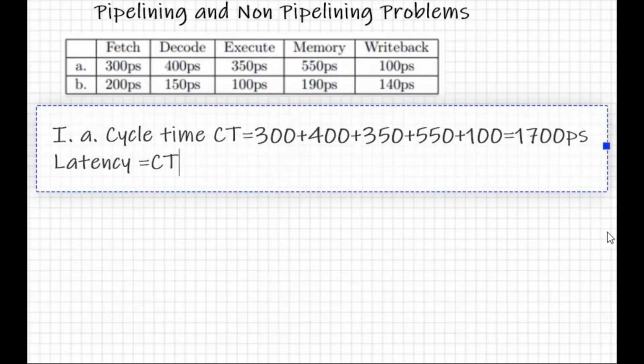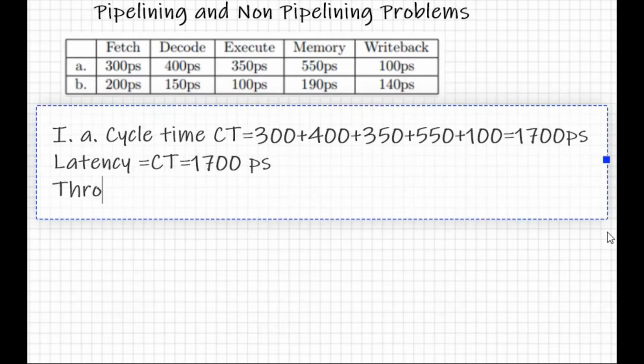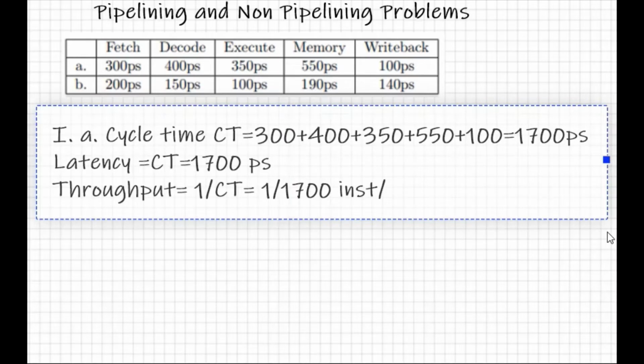It will be different for the pipelining system. Next is throughput. Throughput will be 1 upon CT, so 1 upon 1700. The unit of throughput is instructions per picosecond.